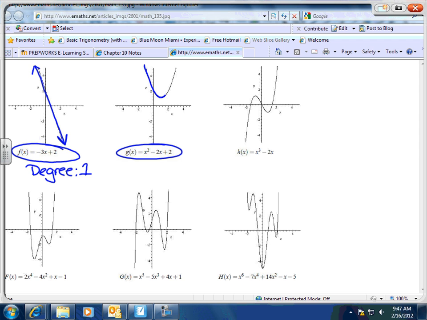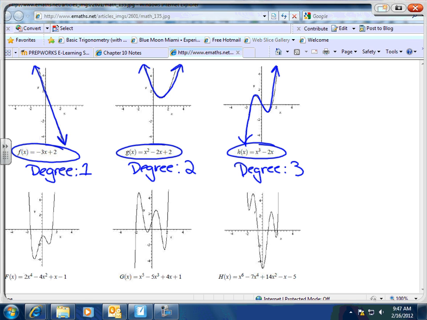See how this goes like this? What is the degree here? Notice the end behavior. Notice the end behaviors here. This is an x cubed. So what's the degree here? 3. Notice how it's behaving. And when I'm talking about behaving, remember that we read graphs from left to right.